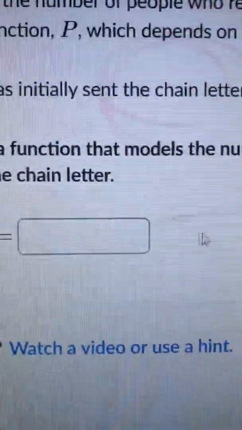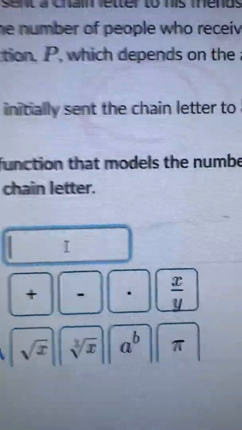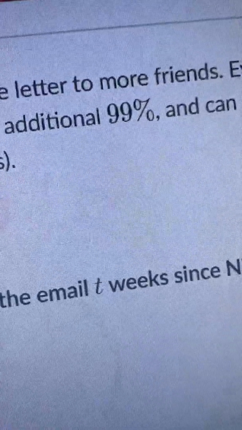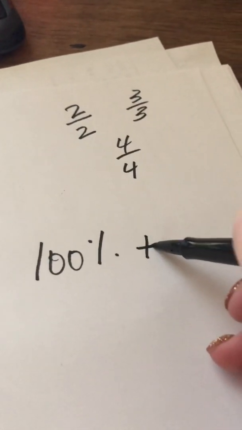This one says every 12 weeks, the number of people who receive the email increases by 99%. So let's see here. A whole, when you're talking about percent, is like 100%. And then if we increase, we're going to add.